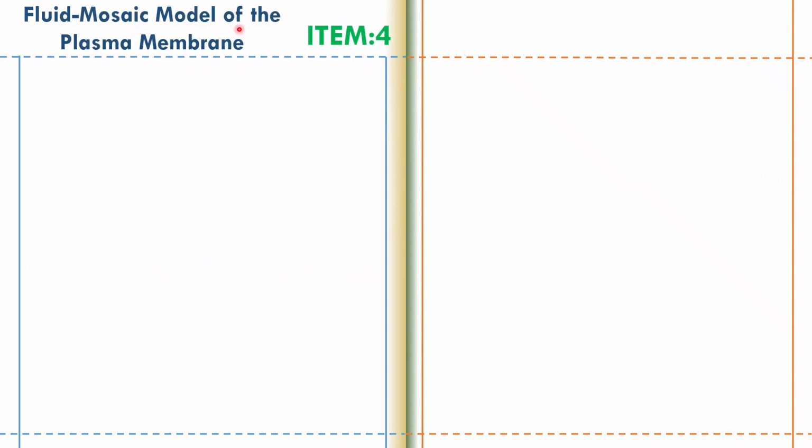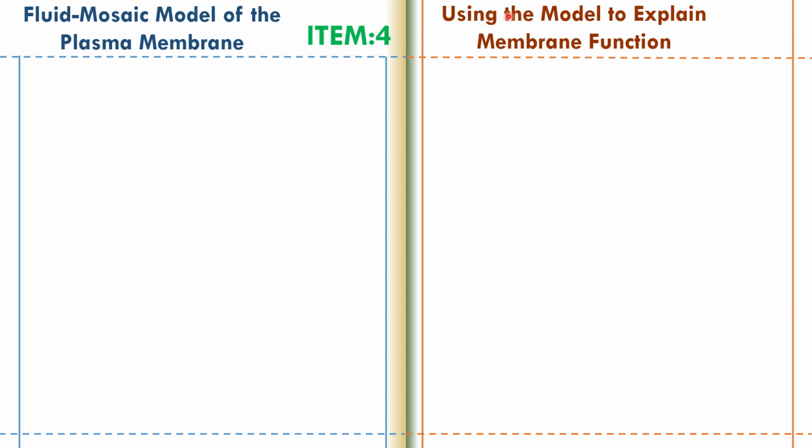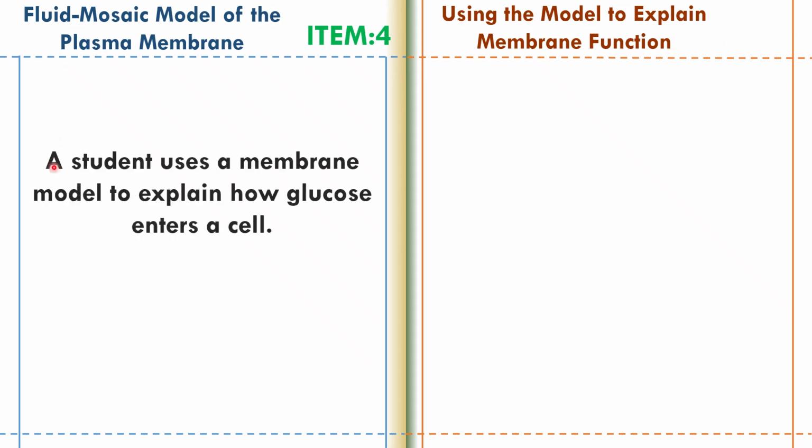Fluid mosaic model of the plasma membrane, item 4. We shall look at using the model to explain membrane function. A student uses a membrane model to explain how glucose enters a cell.